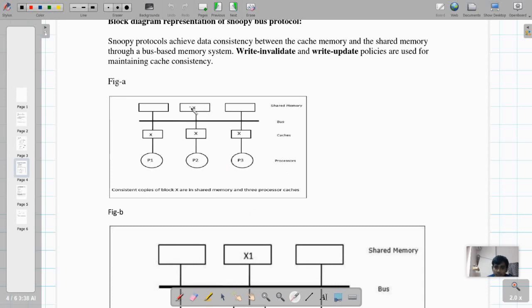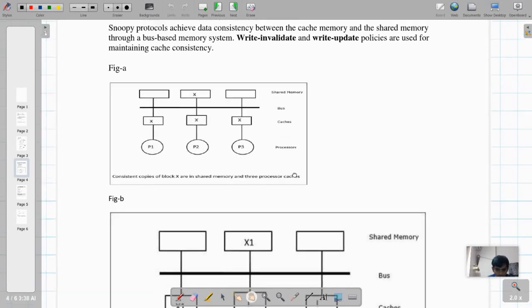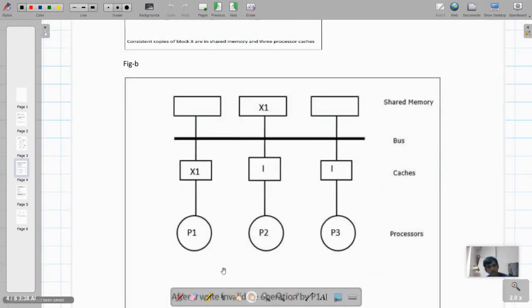So this X has been cached by all the processors. You can see that this X is residing in the corresponding cache memories. Now, what happens in course of time is processor P1 updates the data item to X1.